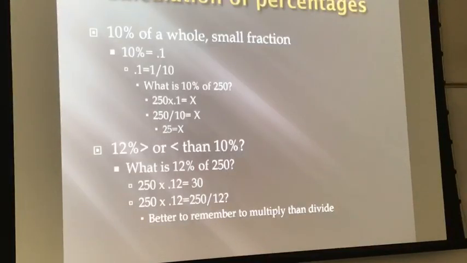All right. So if we're talking about 10% of something, and 10% is 0.1, then basically you're looking at a multiplication problem. So anytime you're multiplying by 0.1, what's your rule of thumb? 1 times something is always that something, right?